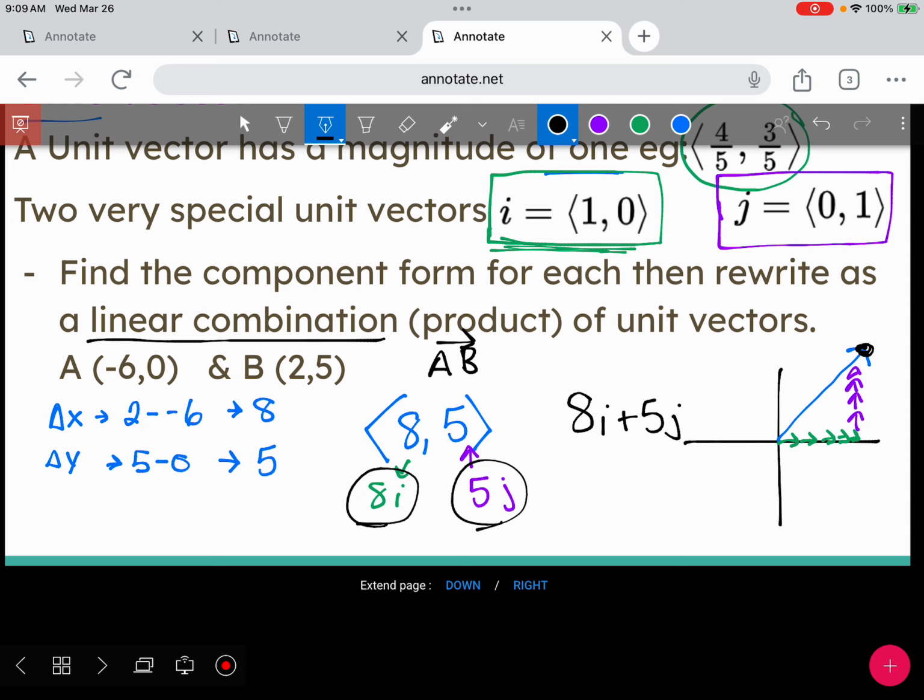So when we're writing these as linear combinations of products of the unit vectors, because complicated titles, that's how we're doing this. We're going to practice this several times, but that's what we're looking at to start today. These are the two I have for you right now.